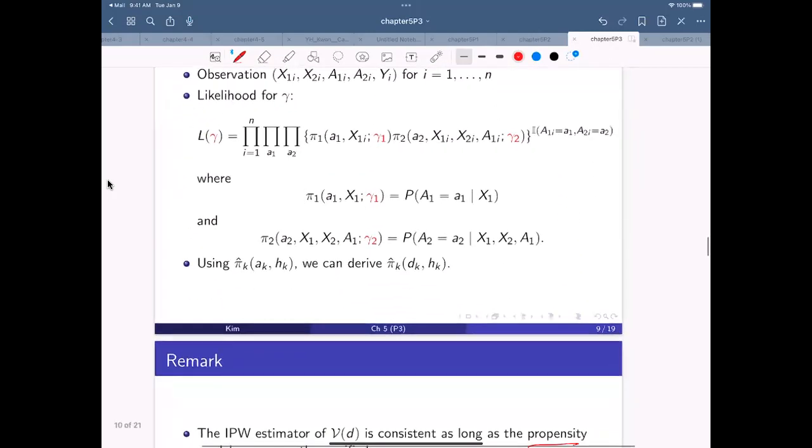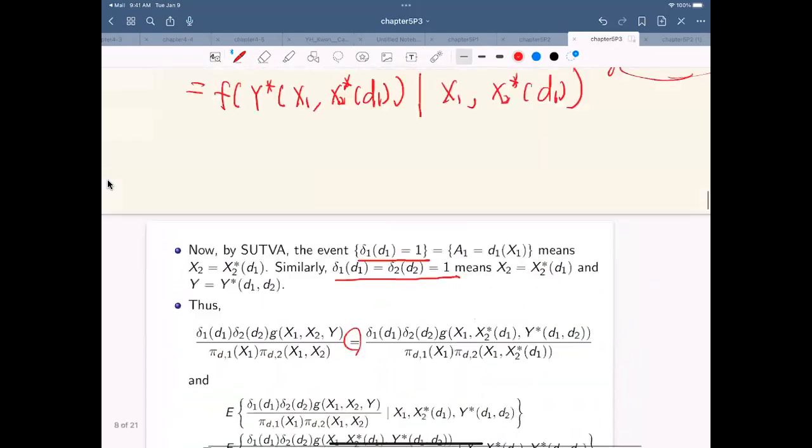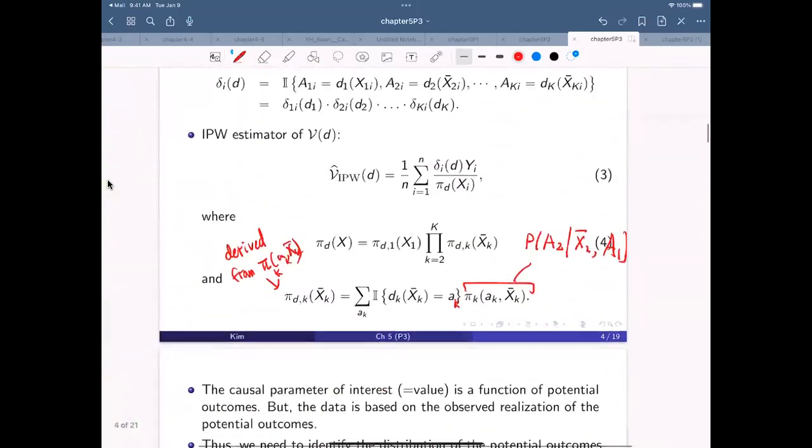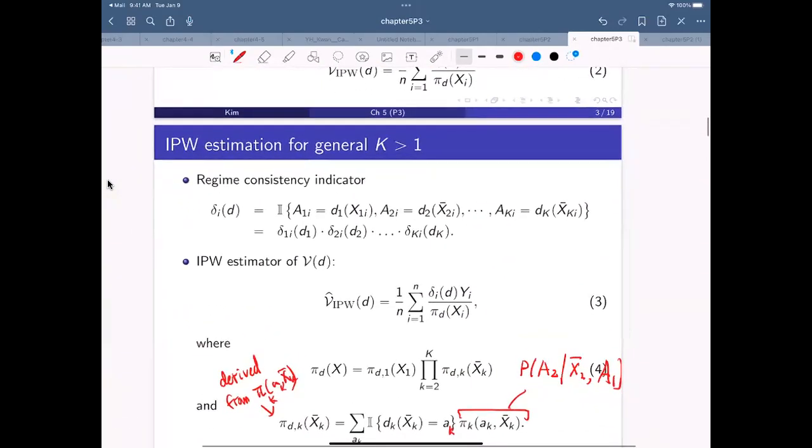Remember, at the end of the day our estimator is this one. The Y that we use is actually only for the cases with delta equal to 1. Most of the deltas will be 0, and very few of them will be 1.